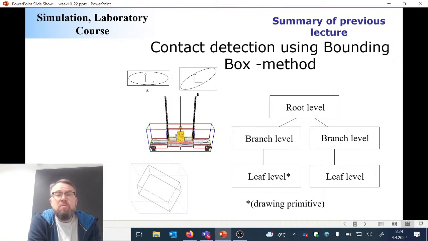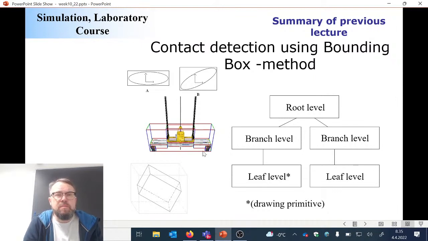But anyway, the bounding box technique is based on different levels. So there's a root level, roughly speaking, the big box that is surrounding the big object. Then the branch level, which is smaller boxes surrounding the smaller objects, and the leaf, which is like drawing primitives. That's the final. And now you see here, this is a good example.